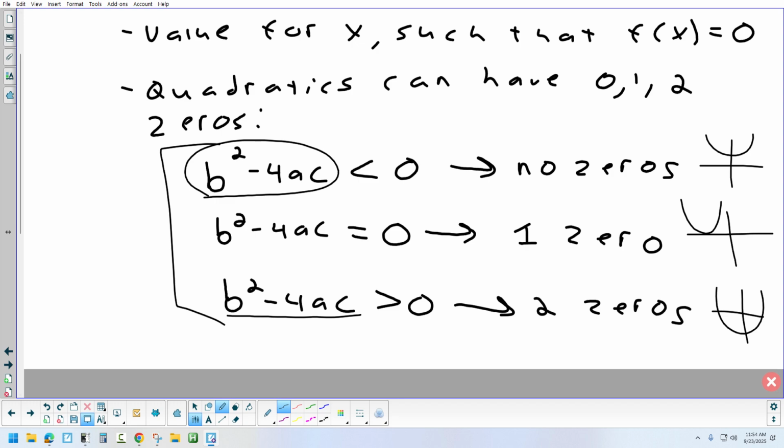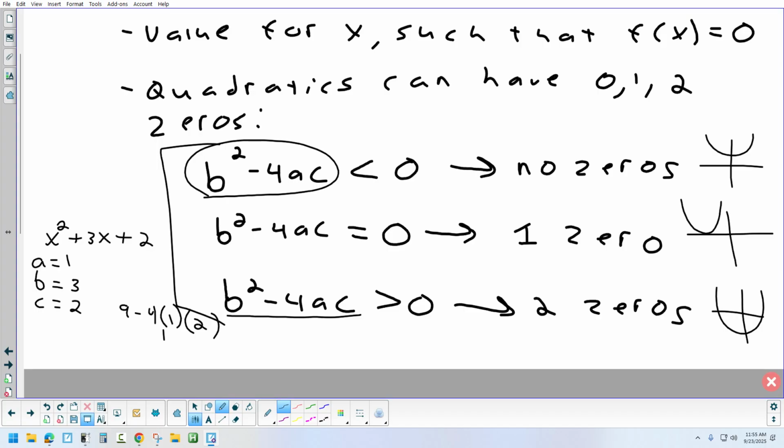So let's take something like x squared plus 3x plus 2. What's a in this case? 1. What's b? 3. And what's c? 2. b squared is how much? 9, minus 4 times a, which is 1, times c, which is 2. What's 9 minus 4 times 1 times 2?